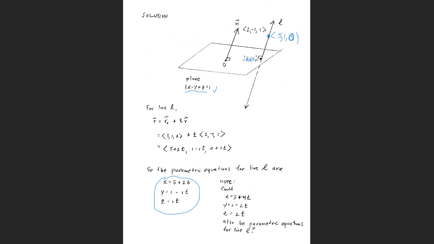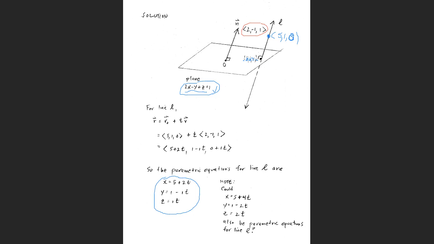So you were told that the coefficients of x, y, and z in the plane are 2, -1, and 1, and the vector that points in that direction is actually orthogonal to that plane.